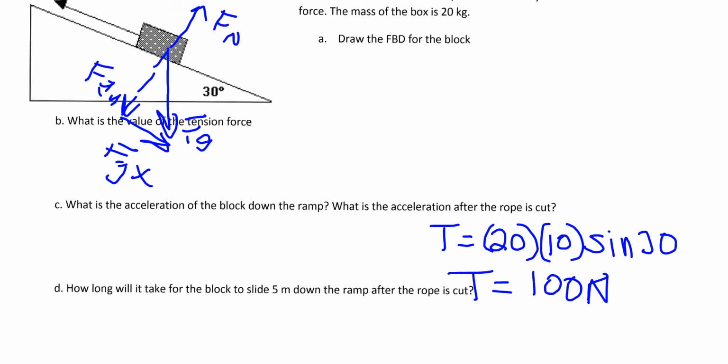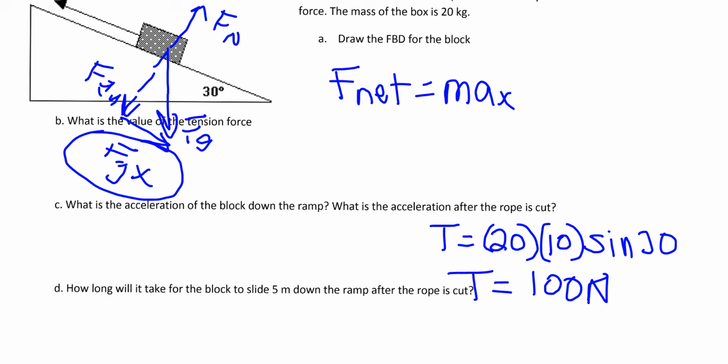So, by F net statement, okay, still in the x direction, the only thing is FGX. That's the only arrow in the x direction, and we said that is mg sine theta. So that is mg sine theta equals the mass times the acceleration in the x.